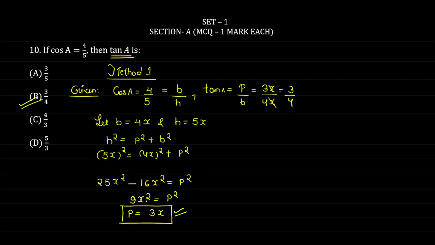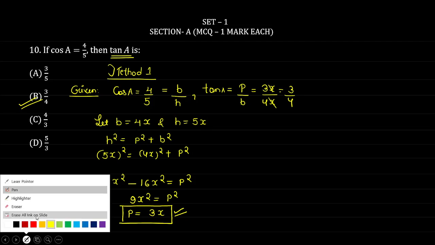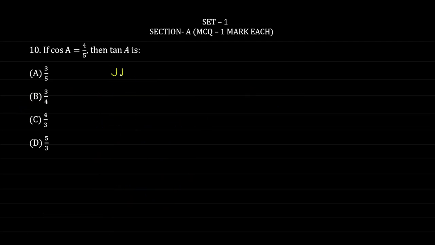So this is method number 1. Let me show you method number 2 also. Method 2, using the trigonometric identities. I know that sine square A plus cos square A is equal to 1. I'm taking A here because it is given as the angle of reference.